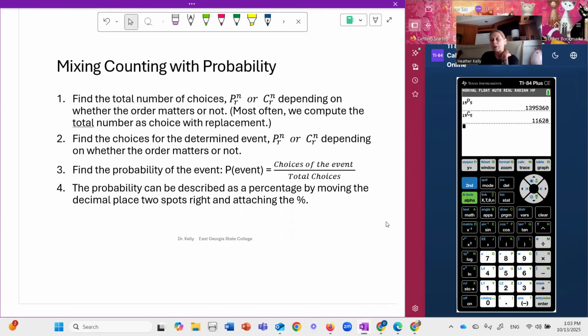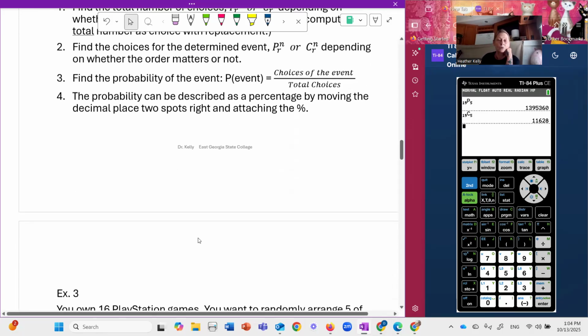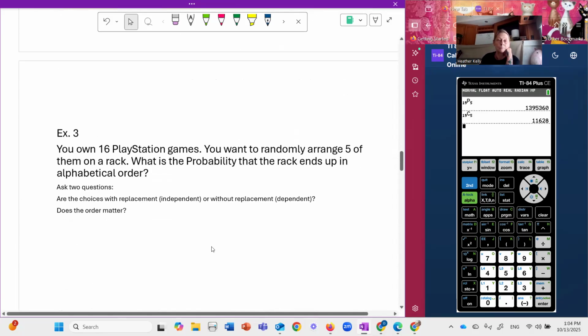And remember, the probability of the event is the number of ways it can happen over the total number of ways all of it can happen. So choices of the event over the total number of choices. And then finally, we'll convert it from a probability to a percentage, and give a nice sentence. So let's get started with the first one.